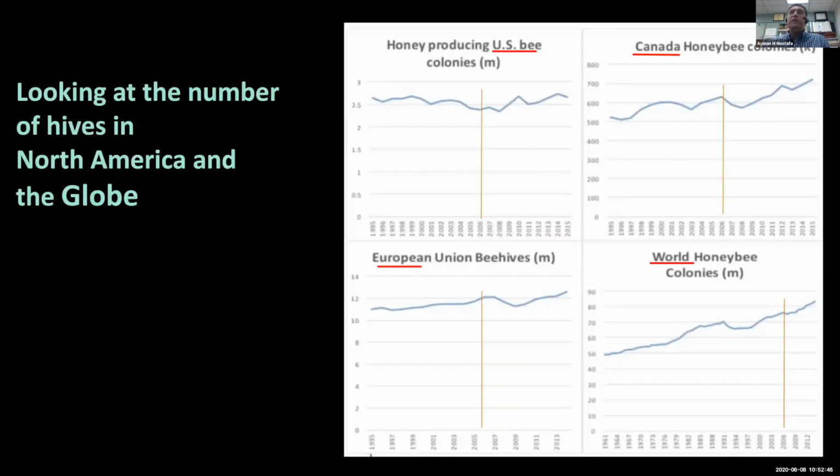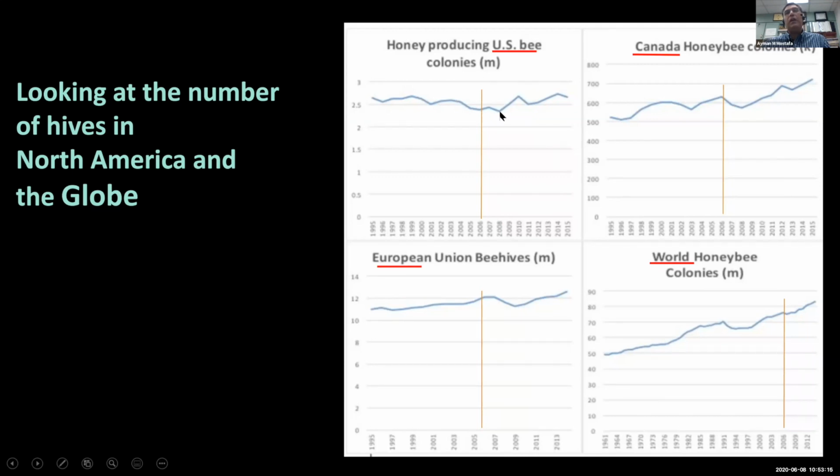So to the good news: as I said, colony collapse disorder started around 2005, 2006. And here are some graphs that show us honeybees are recovering quite well. If you look here in the US, this top left one, this line represents the start of colony collapse disorder.